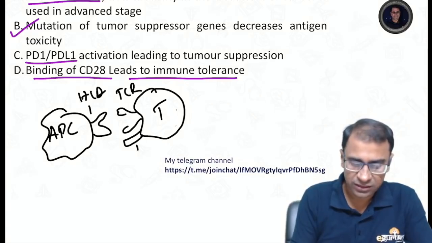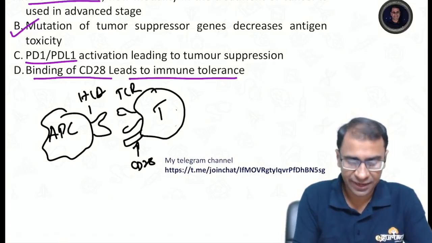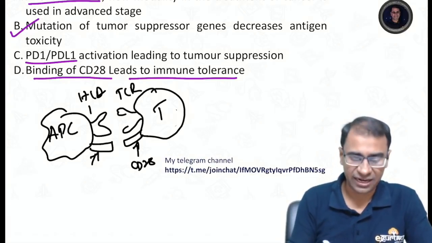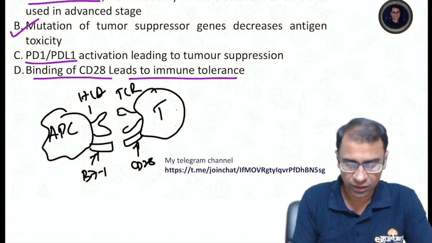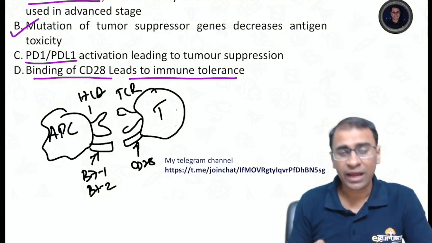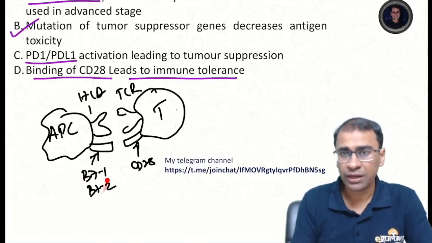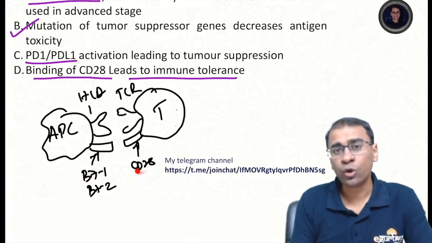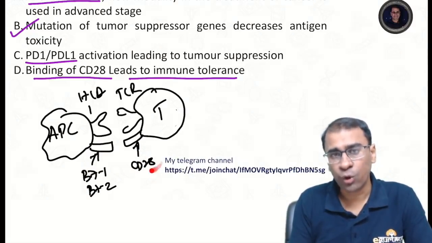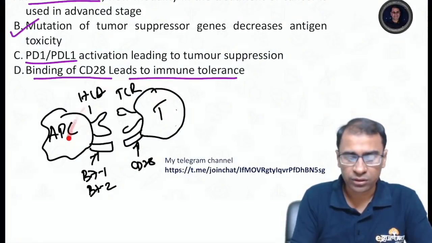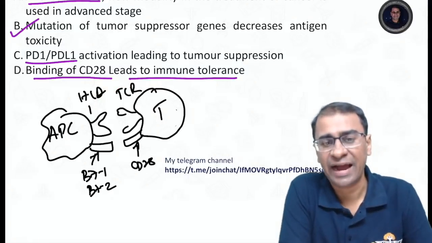Now here there is a CD28, okay, and here there is a molecule called PD1 and CTLA4. Okay, this is actually B7-1 and B7-2. Now what happens is that sometimes there's a binding of this molecule so that CD28 is not activated. If CD28 is not activated, the T cell will not be able to destroy any antigen.